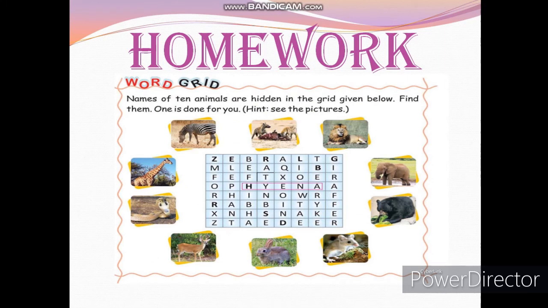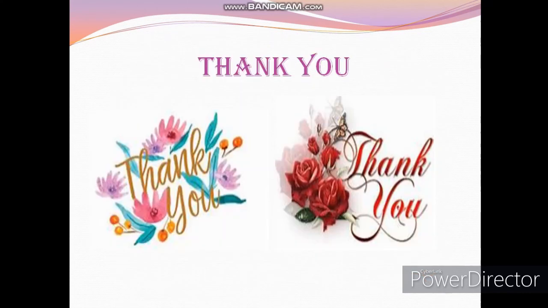In the evening you will have a live online class. I will be coming, and if you have any doubts, you can ask me. After reading, you should understand what plant eaters are called, what flesh eaters are called, and what plant and flesh eaters are called. Understand the lesson and do this homework.